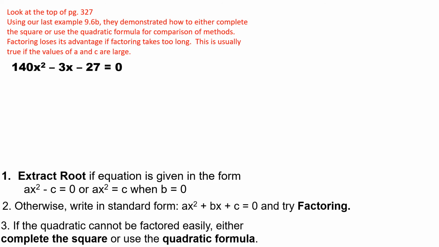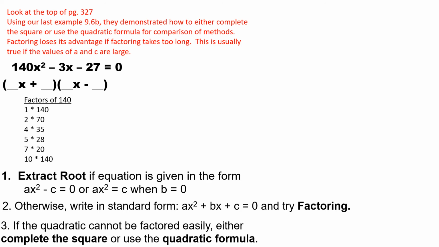So here we have this one right here. And if we were to try to factor that, we have to ask what are the factors of 140 and the factors of 27 combined that are going to give us that middle term, 3x. Well, the factors of 140, you can see there's a lot of them. And then the factors of 27, I've got to use my positives and negatives.